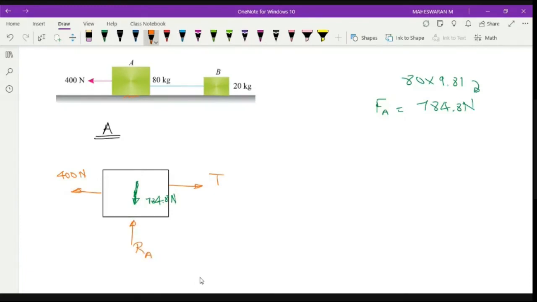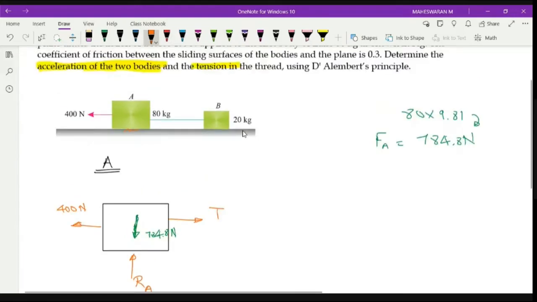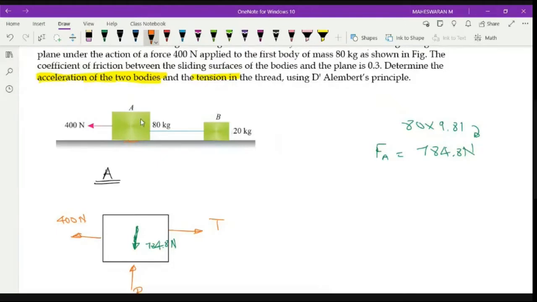Don't look at the string for now. If you apply this force, what will be the movement of this object, towards left or right? Towards left. Yes, you have an additional force of 400 Newton, which means this object is moving towards left.